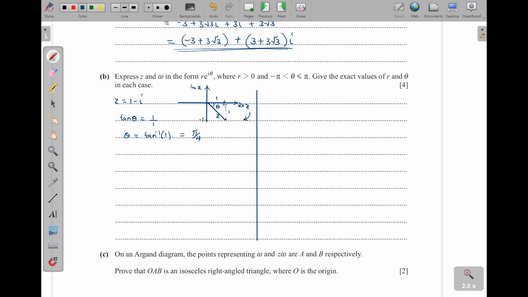Then how about the r of z? R of z here is going to be the square root. So we get this squared plus this squared under the square root to get the magnitude of the z there. Okay, so 1 squared plus 1 squared. In fact, I can say maybe the y is a negative. So like that, then we get root of 2. So this therefore implies that z is going to be equal to, its r is root of 2.